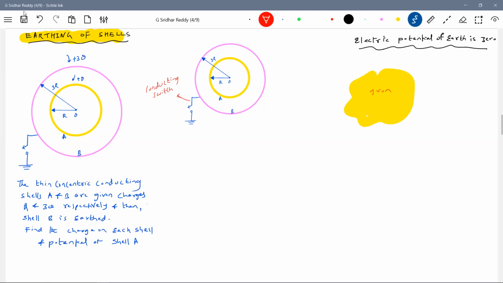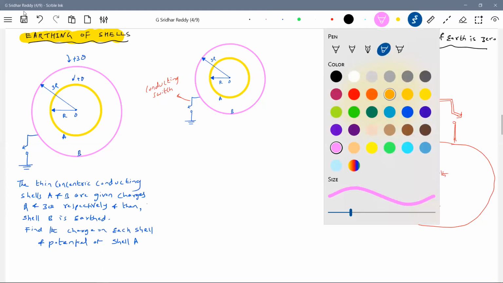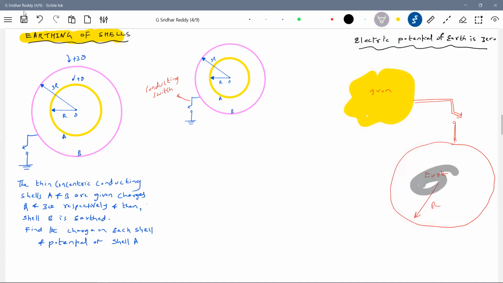Now there's a wire, and it will be connected to Earth. To help your imagination, I'm drawing all this. This is Earth. The potential of Earth, we take it to be 0.